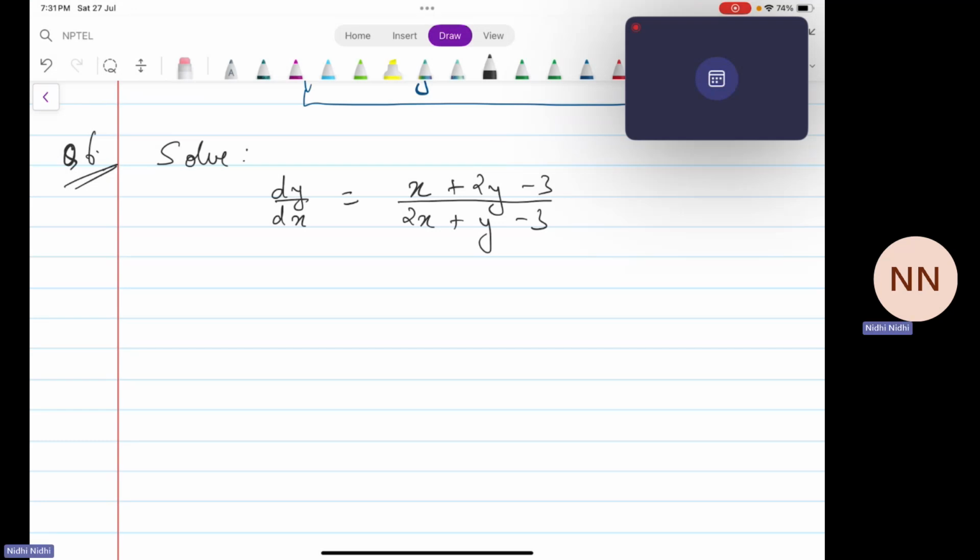Now here we can see that we cannot easily separate the variables, and substitution would also not work.